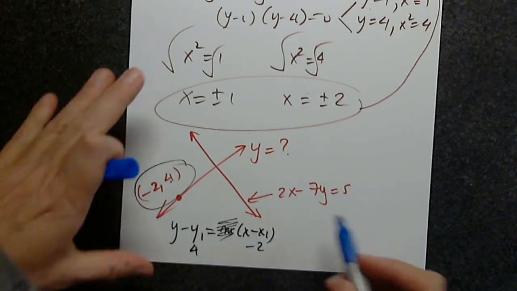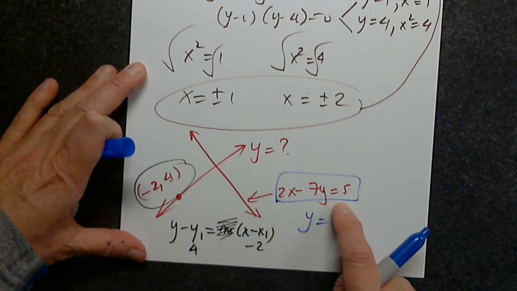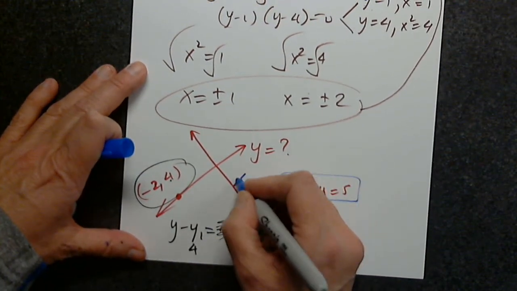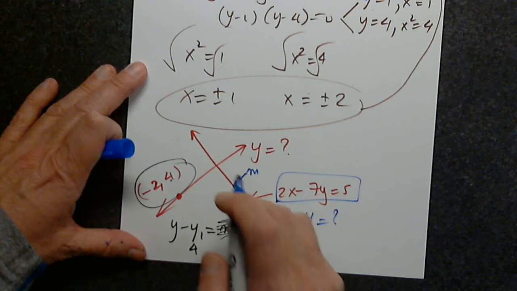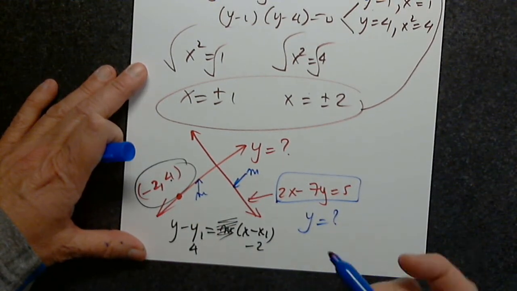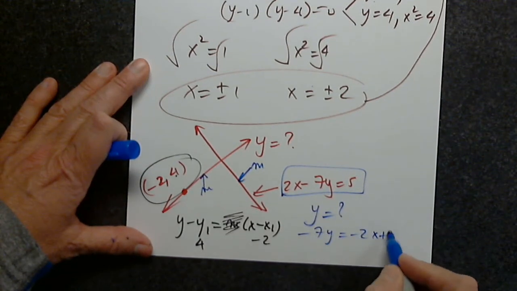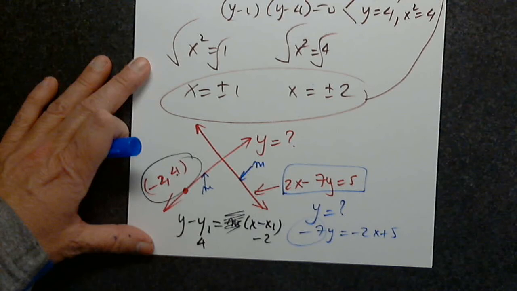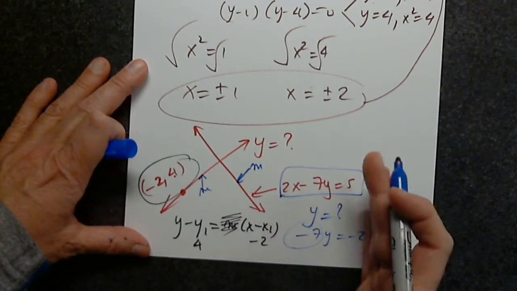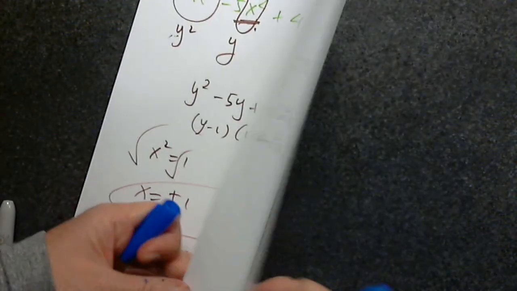So I have to solve this for y. If I don't solve for y, I will not be able to determine the slope of this line and then the slope of this line. So I'll move the x term, and I have to divide by -7, term by term. Do not just write a fraction line and -7. That's not going to help.